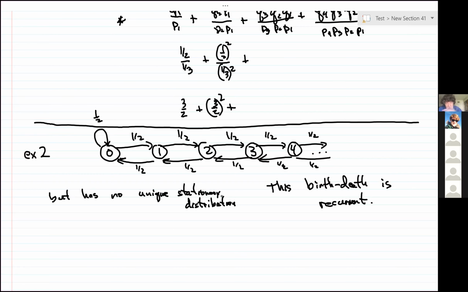Okay, but we have this theorem 5 that says what?